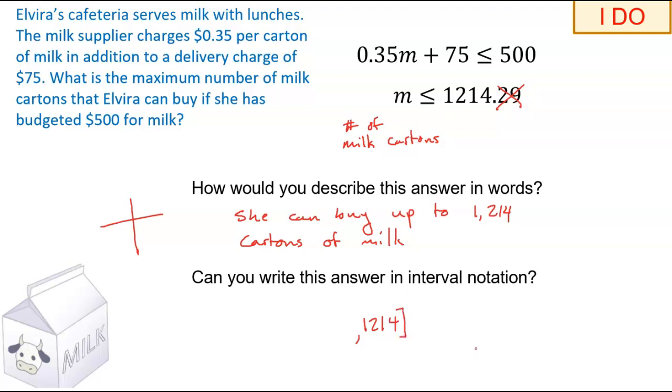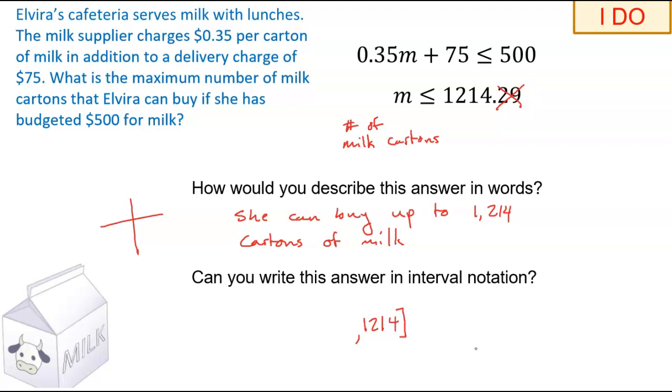But now we have to ask ourselves in the context of this story, what is the lower bound? What is the minimum number of cartons of milk you can buy? And so you could buy one carton of milk. You could buy 0, you could just not put an order in. Can you buy -1 cartons of milk? That would be like returning something, right? You'd have to give them something.